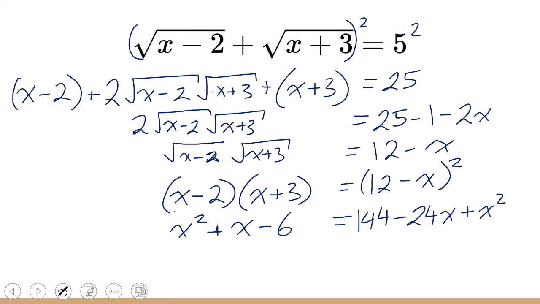So I can cancel out the x squareds, and I'll bring them to one side. I have 25x. On the other side, I gathered the numbers to be 150, which means x is simply 6.